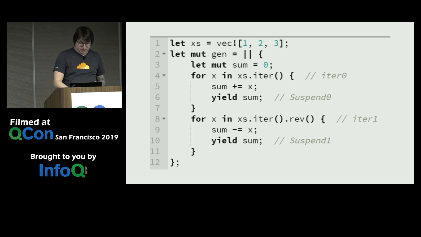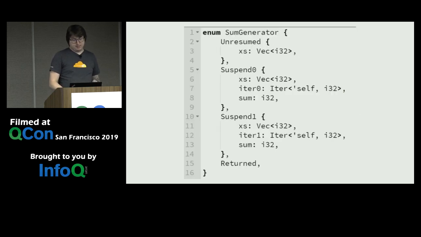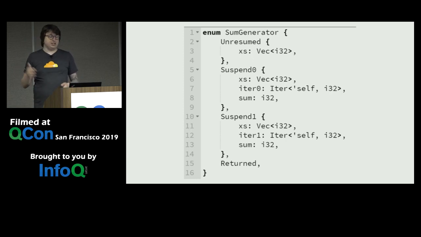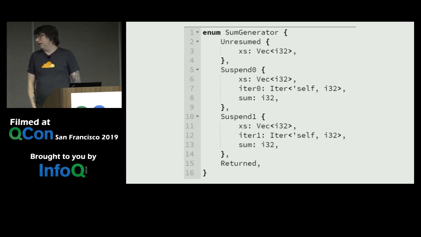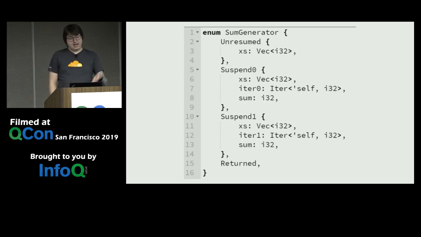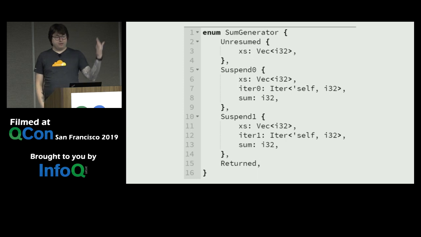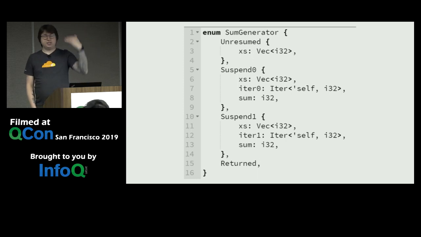And so the way that Rust builds this, you can actually think about it in Rust code. There are 4 stages as we pass through this state. First of all, there's the generator that we've never called, that we've never actually asked to execute, and that holds this state of a list of 32-bit integers. And then after we call it for the first time, we move from this unresumed state into this suspend state.